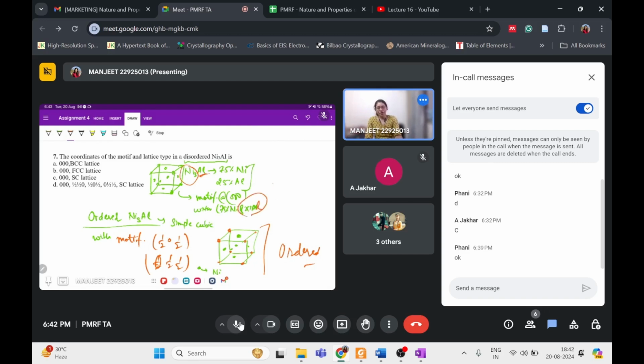So for this one the coordinate of the motif will be 0 0 0 and the lattice will be FCC. So B will be the right answer.